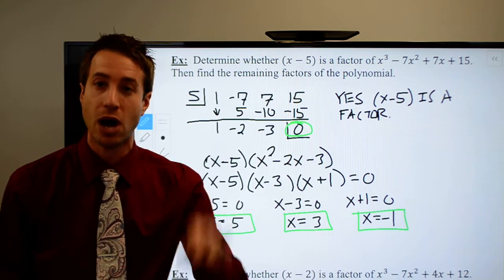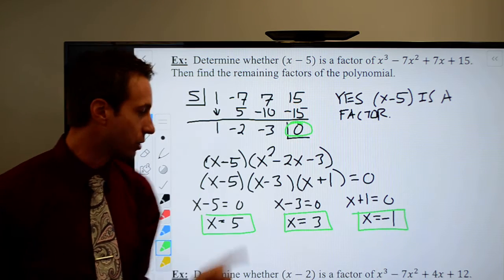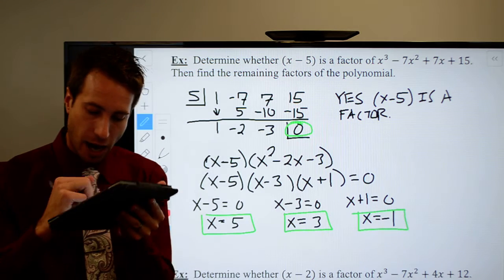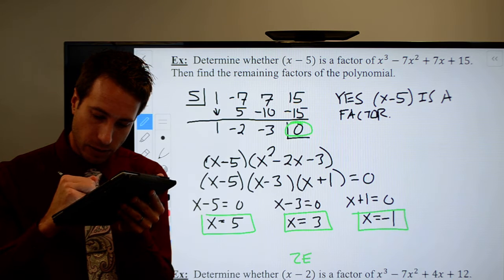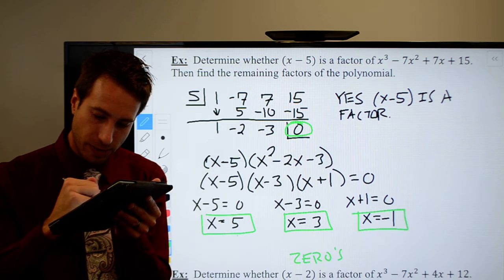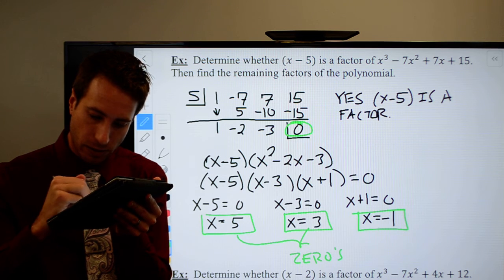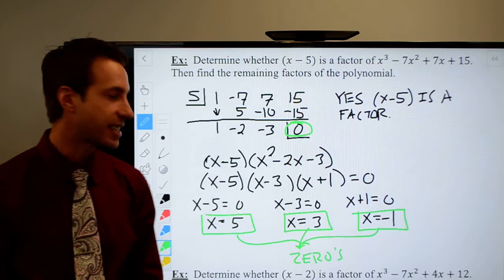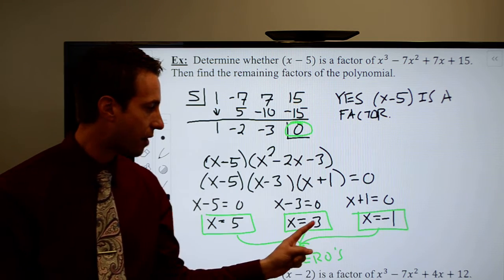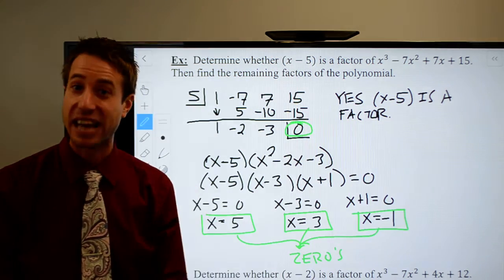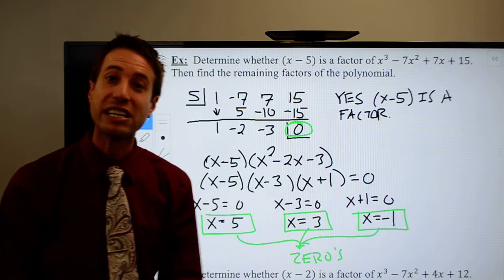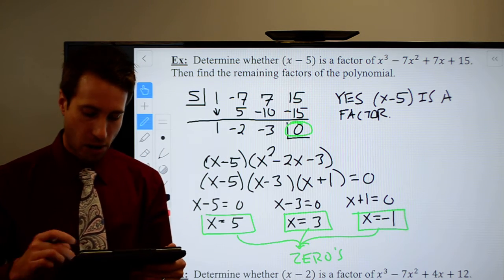I already knew I should get 3 zeros, and that's exactly what I got. I got 3 zeros. What this tells me is that this polynomial will cross the x-axis at a positive 5, positive 3, and a negative 1. Guys, that is really good work. Well done. Awesome, awesome algebra.